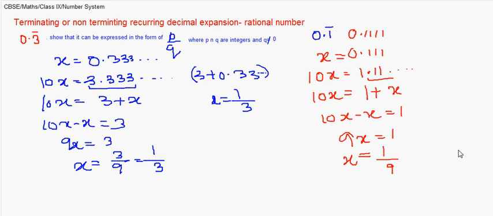We now move on with a similar representation of another number. We take up 1.2727, that can also be written as 1.27 bar. This is now supposed to be expressed in p by q form, where p and q are integers and q is not equal to 0.